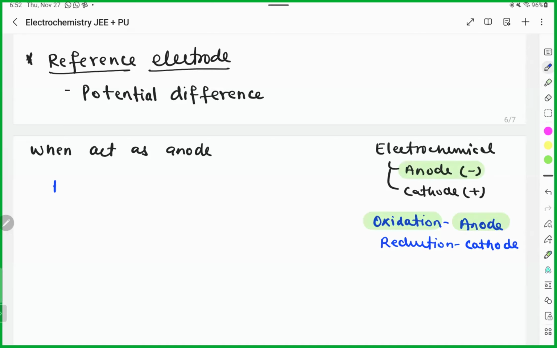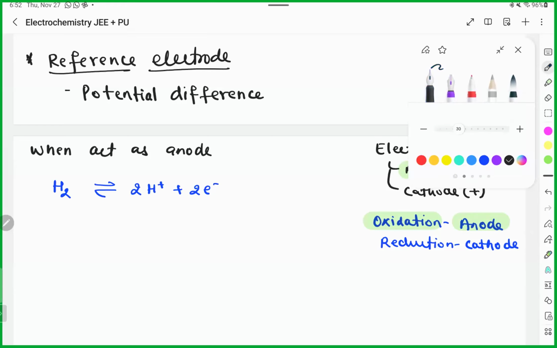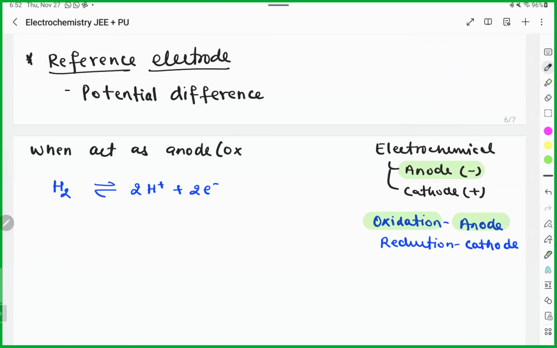If you take hydrogen gas, this hydrogen gas can release a positive ion and lose an electron. What is happening in this case? Oxidation, right? Chinmay, you mentioned that wherever oxidation happens, it is the anode. But at the same time, it can act as the cathode.